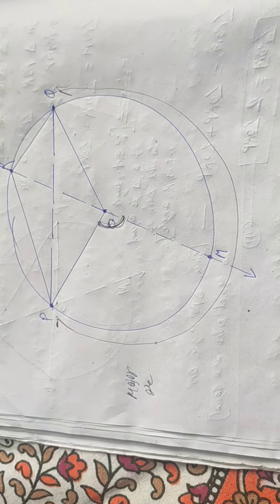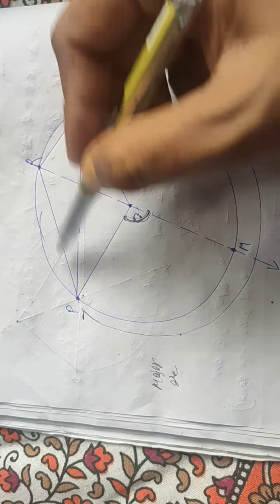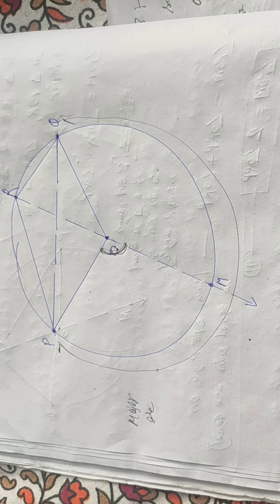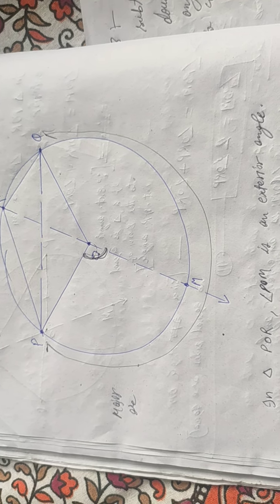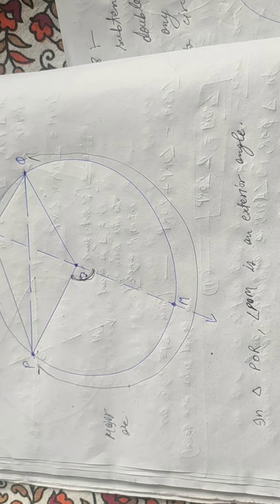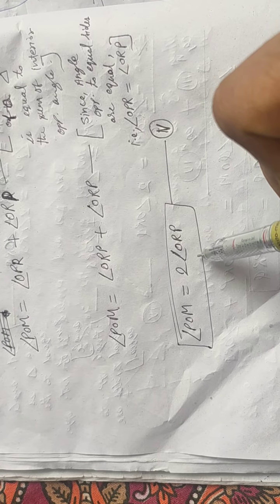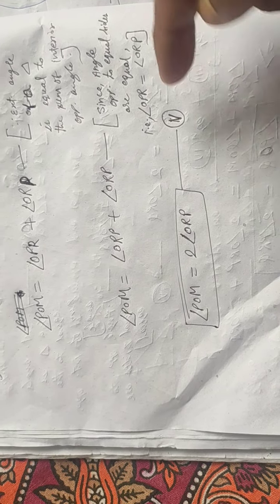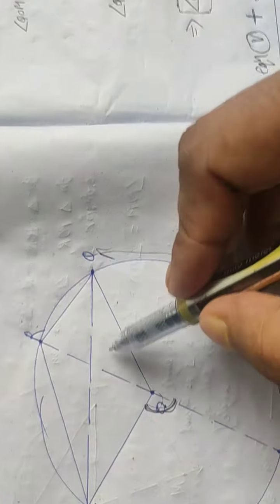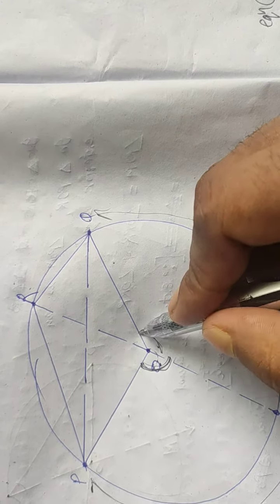If this is the exterior angle, then angle POM is equal to angle OPR plus angle ORP. Reason, exterior angle of a triangle is equal to the sum of interior opposite angles. Okay, so we will get angle POM is equal to twice of angle ORP. Okay, equation number 5. Clear? Now, in triangle QOR, this is the exterior angle.